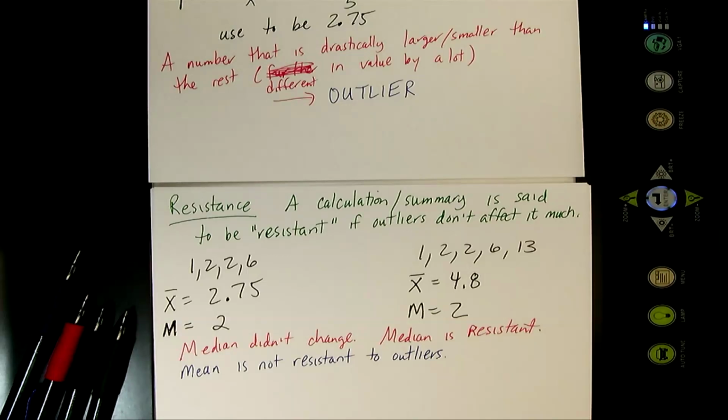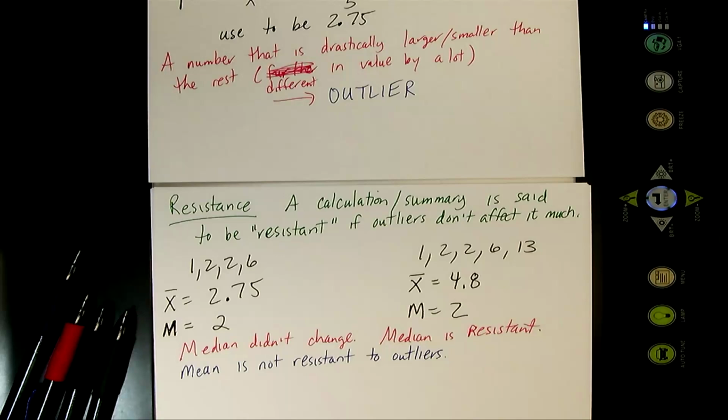I don't know how much he makes a year, but I have to assume it's in the 100 million range or something like that. But no one in this room besides him makes anywhere near that much money in a year. So the mean is drastically changed by his presence.